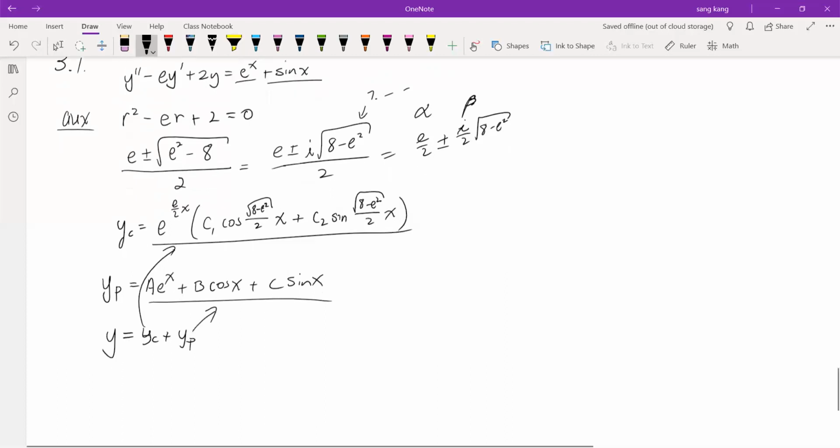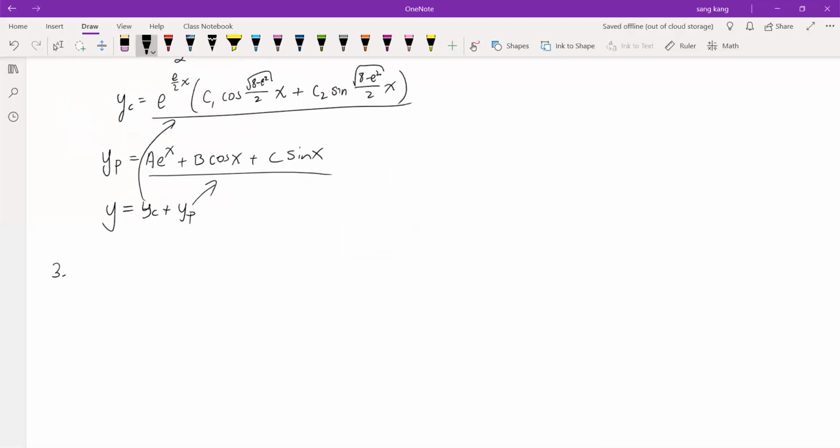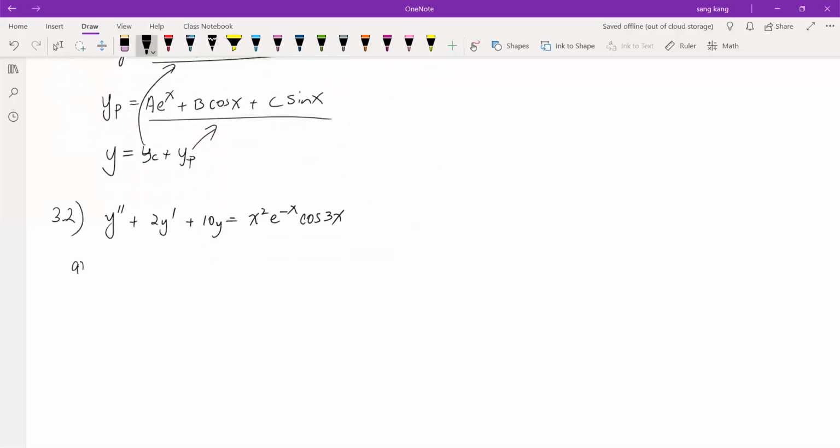Okay, so number 3.2, we have y double prime plus 2y prime plus 10y. Let's find our complementary solution. So quadratic formula: minus 2 plus or minus the square root of b squared minus 4ac, over 2.